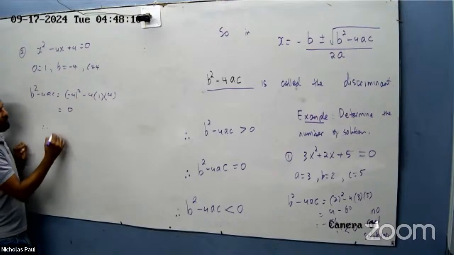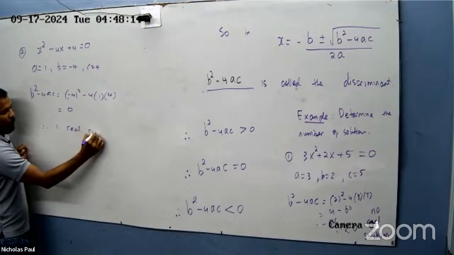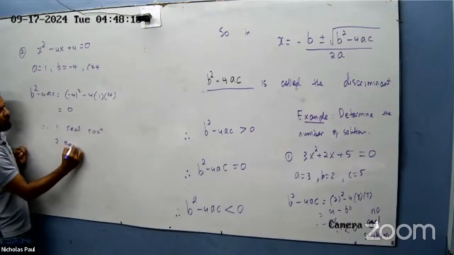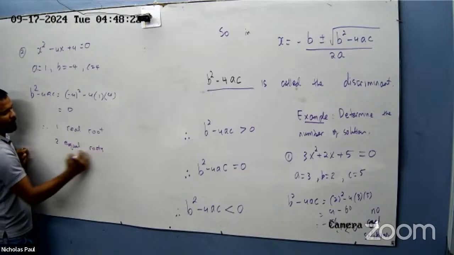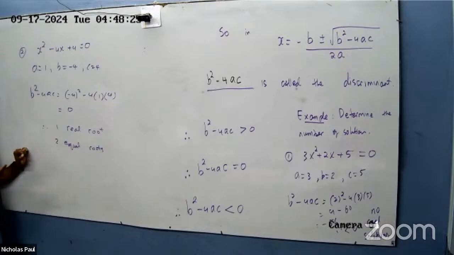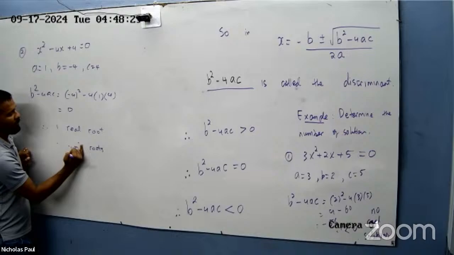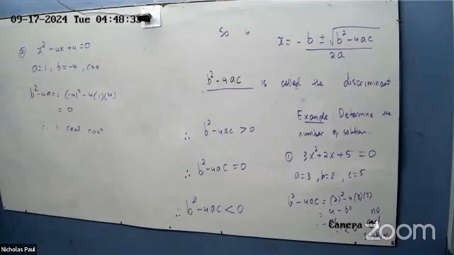So therefore, you will have one real root, or 2 equal roots, which means you're getting the same thing. So one real root, one real solution. Okay with that? Everybody okay with that?